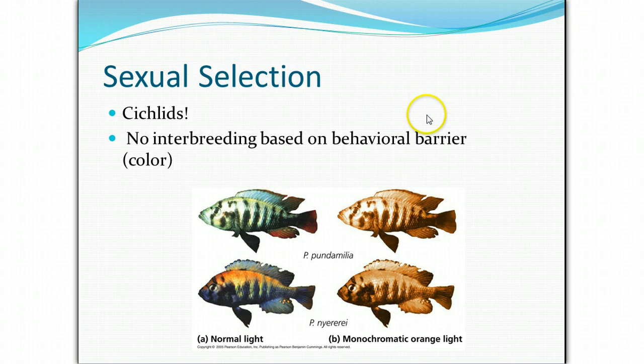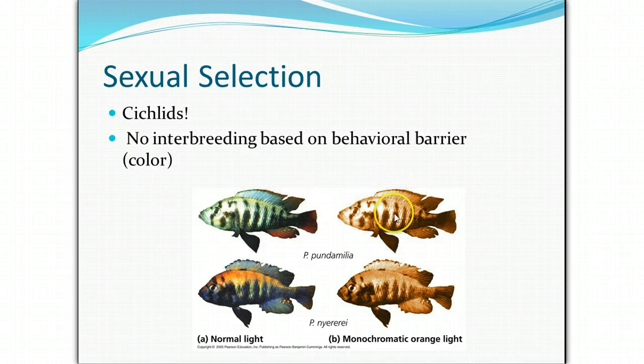Sexual selection can also be an example of sympatric speciation. So back to our cichlids, this is a fish found in Africa, and normally in this species, the females prefer males that are brightly colored. In this species, the females just really don't care.